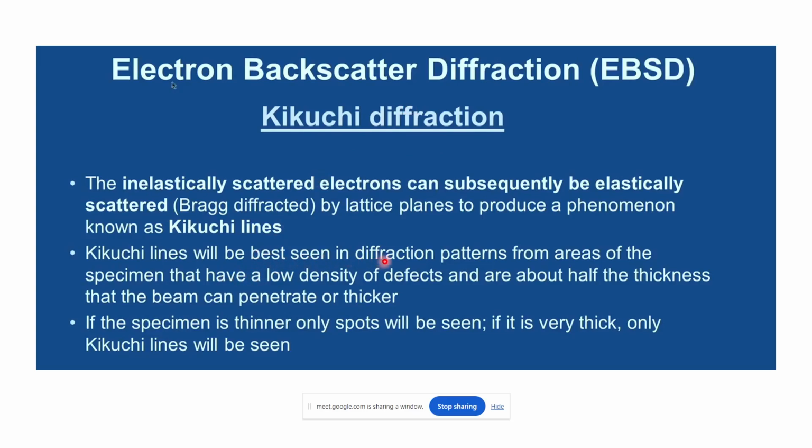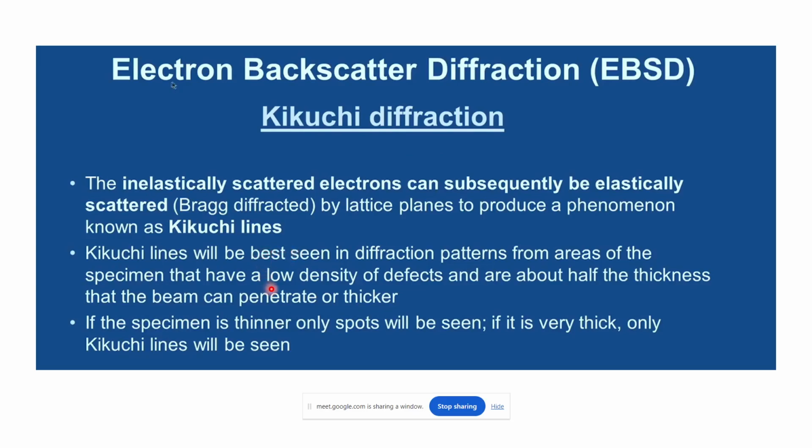Kikuchi lines will be best seen in the diffraction pattern from areas of the specimen that have a low density of defects and are about half the thickness that the beam can penetrate or thicker. So these Kikuchi lines will not be visible if your sample is very thick or very thin. They will be visible only where the thickness of your specimen is about half that the beam can penetrate.